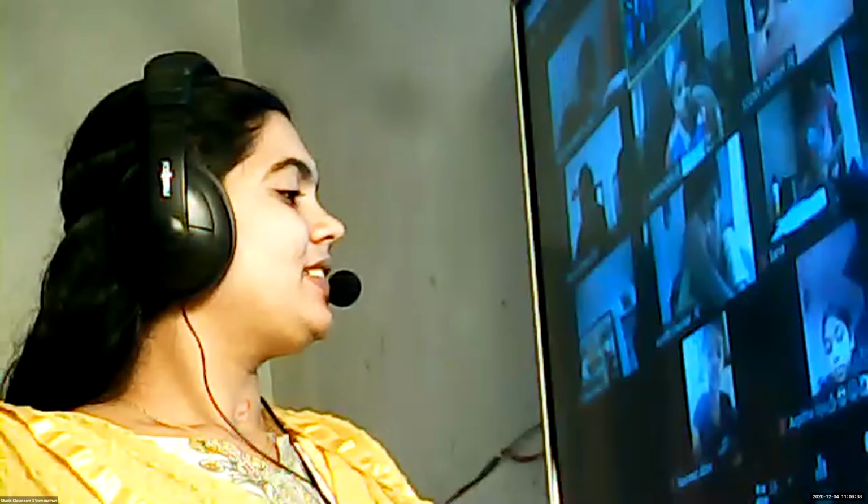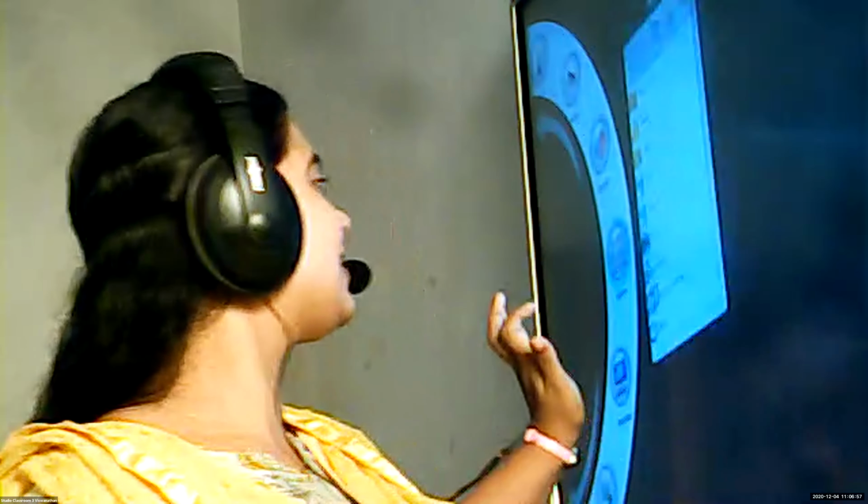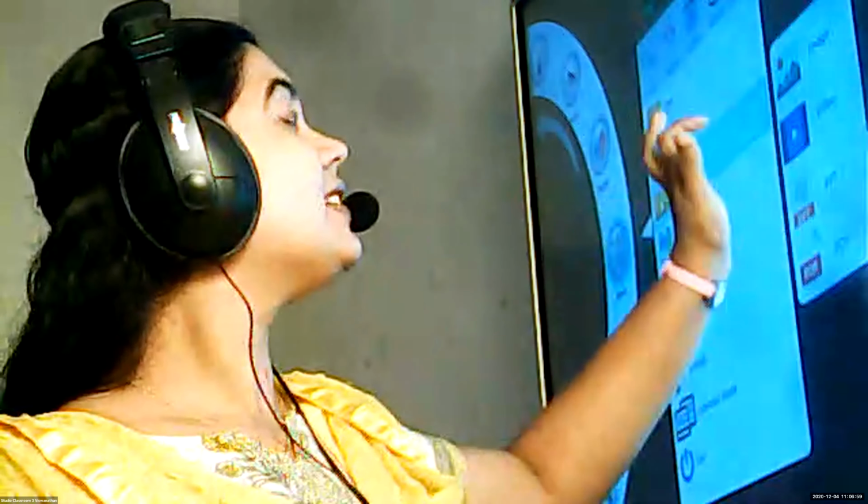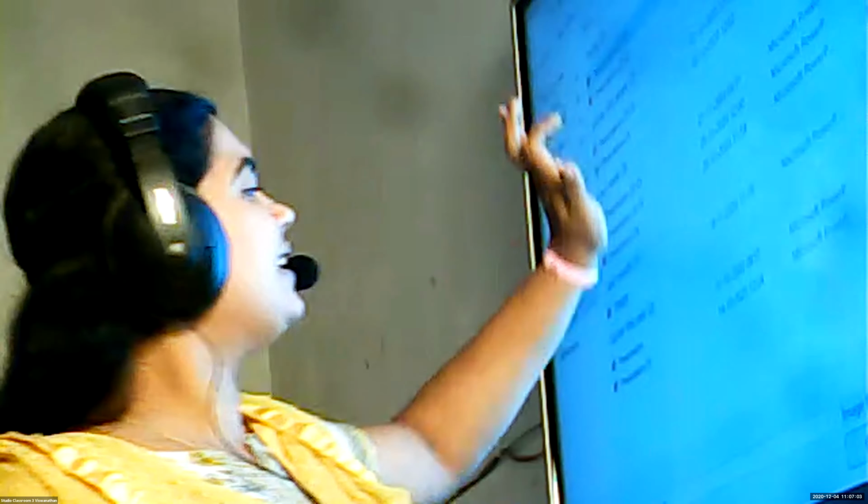Last day we discussed the hands of the clock. Do you remember that? How many hands are there? Two hands. Which are they?